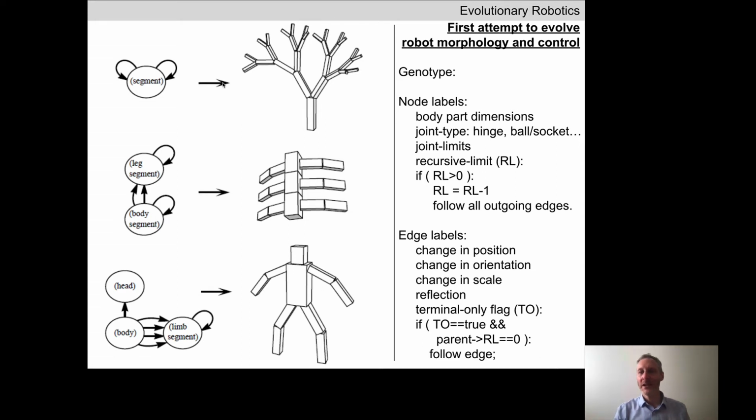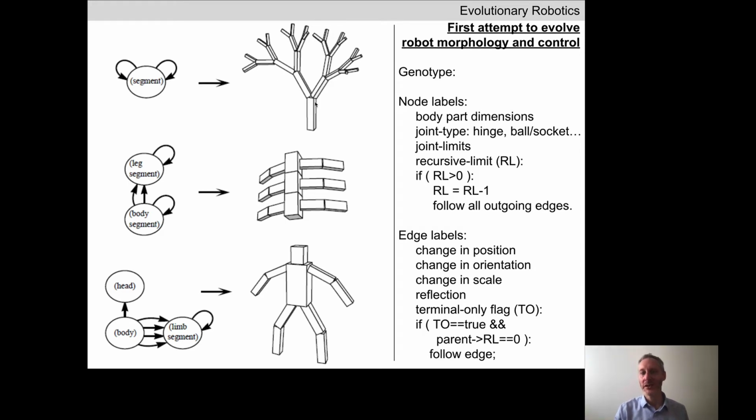Okay, let's imagine another mutation. Let's go back to the original here. Let's say we have this genotype that produces this phenotype. Let's imagine a mutation here adds a third edge, another edge that leaves this segment, curves around and comes back and attaches to this segment again. What would be the phenotypic impact of that mutation, adding a third edge?